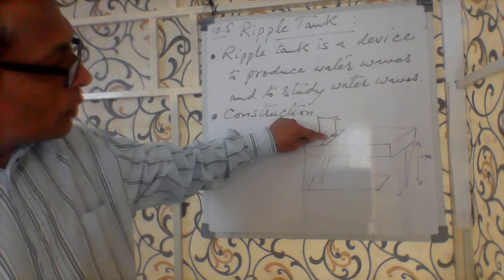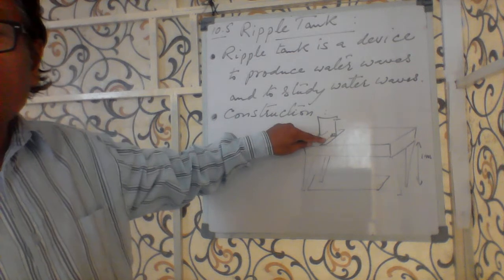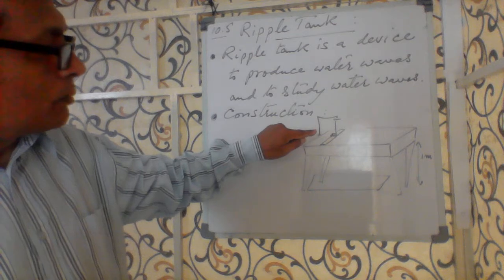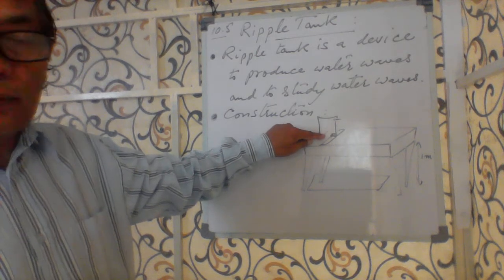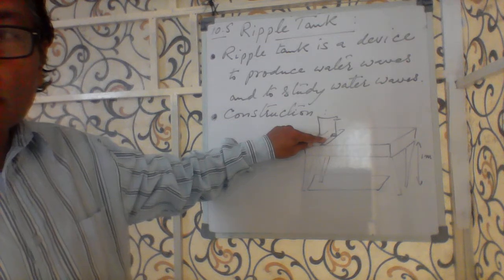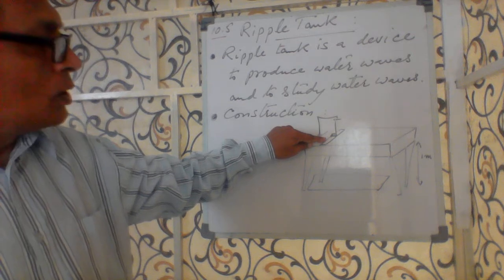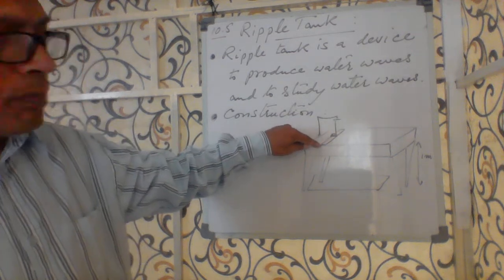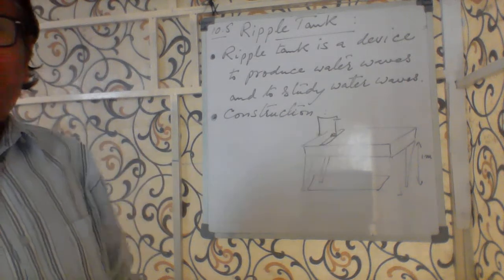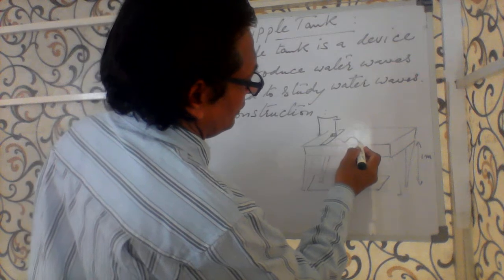Just tell them a motor is fixed on this wooden plate, so that when the motor is started, it pushes it and then releases it, so that this wooden plate vibrates and thus water waves are produced in it.